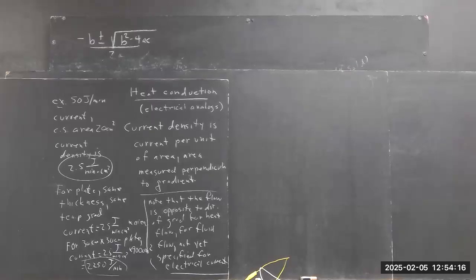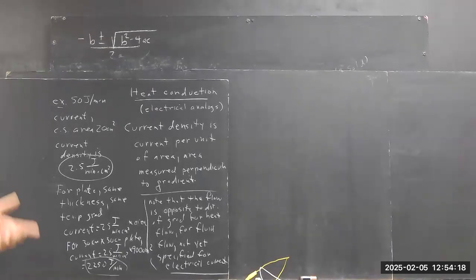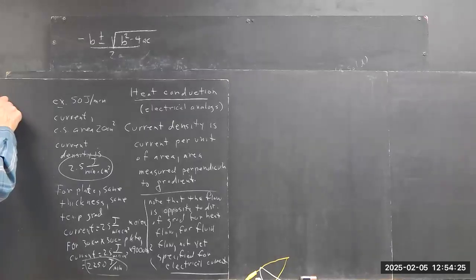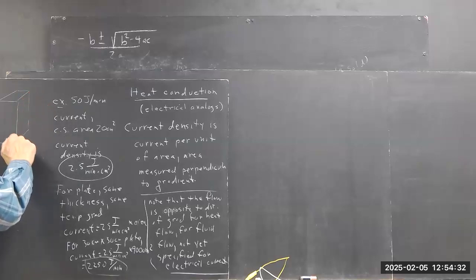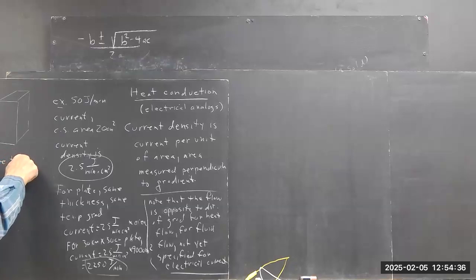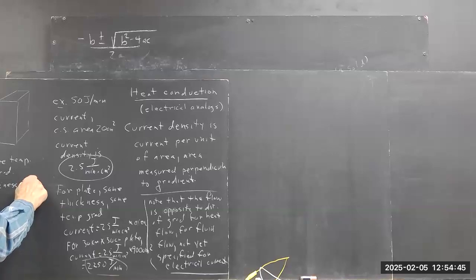Okay, interesting connection. Let's say you had a steel wall with the same temperature gradient. And let's just say, okay, here's a steel wall. Let's say you had a thickness of 2 meters.